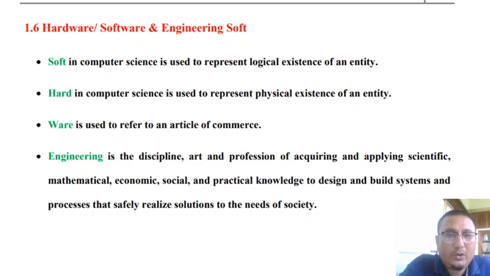So software is a logically existing article of commerce, something that exists logically but with which you do business. A set of computer instructions that realize certain business is called software. Again, hardware is a physically existing article of commerce.